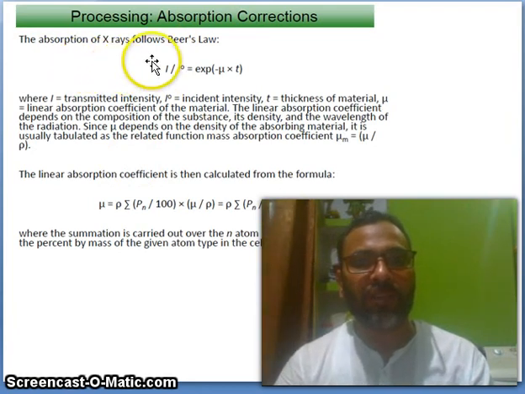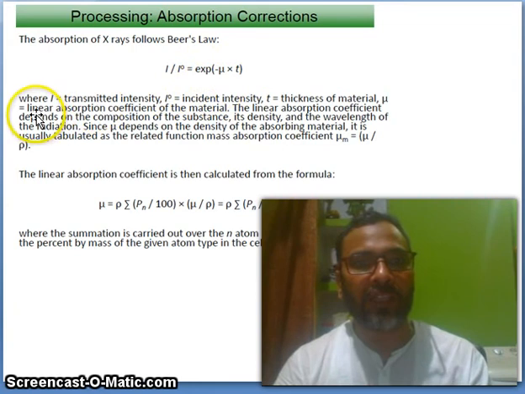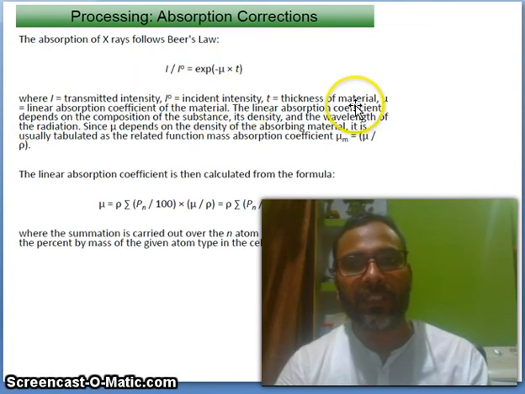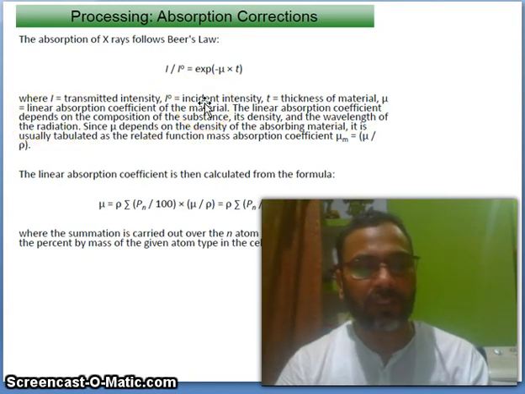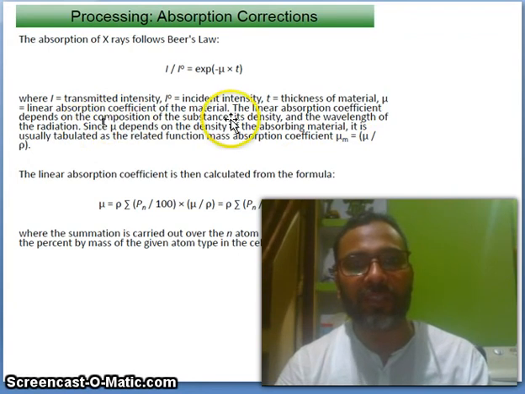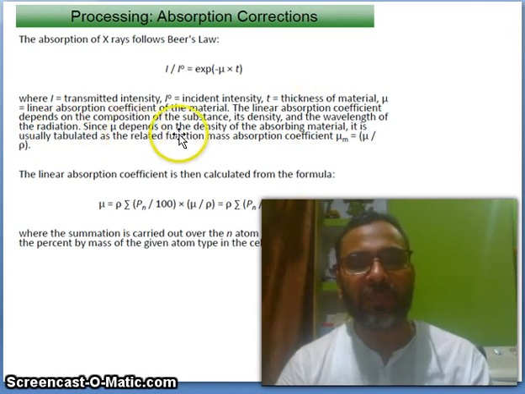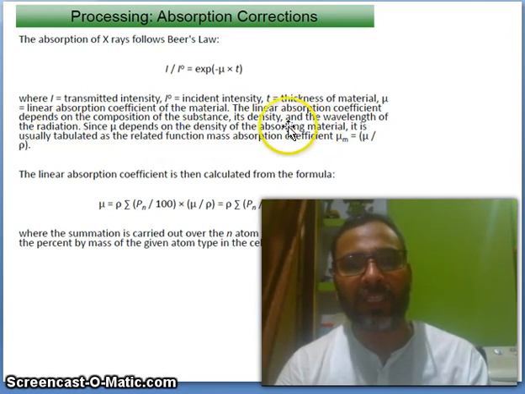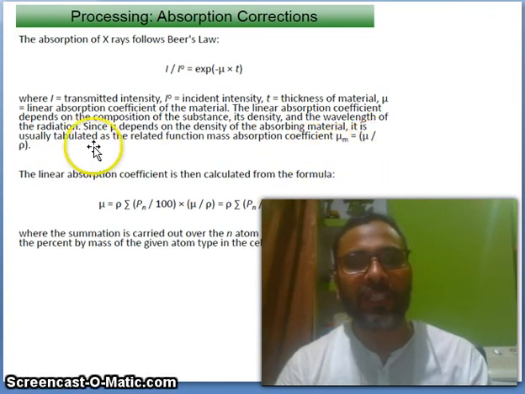The absorption of X-ray follows Beer's law, I by I naught is equal to exponential minus mu into t, where I is transmitted intensity, I naught is incident intensity, t is thickness of material, mu is linear absorption coefficient of material. The linear absorption coefficient depends on the composition of the substance, its density, and the wavelength of the radiation. Since mu depends on the density of the absorbing material, it is usually tabulated as the related function, mass absorption coefficient mu m, mu divided by rho.